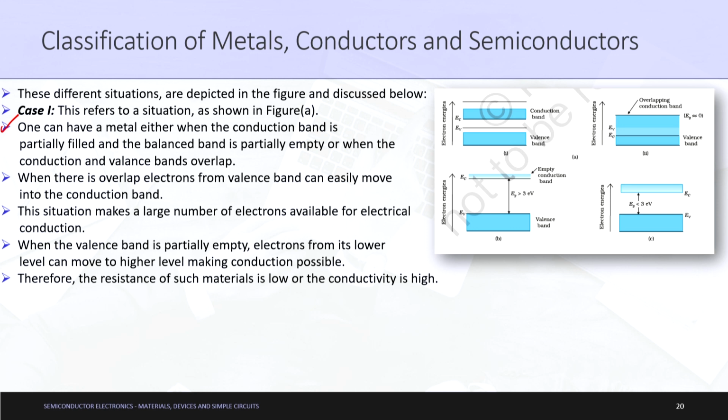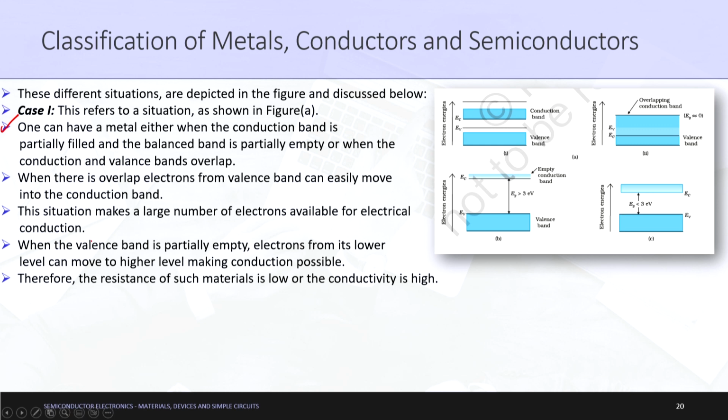The different lines suggest the different energy levels. If it is overlapping, there is no energy gap required for the movement of valence band electrons into the conduction band, and hence the movement is very easy over the complete area.